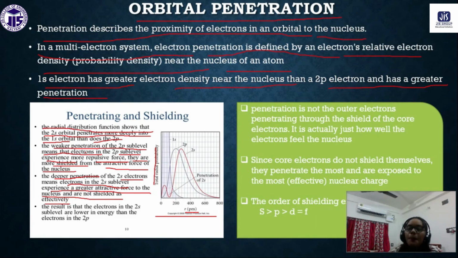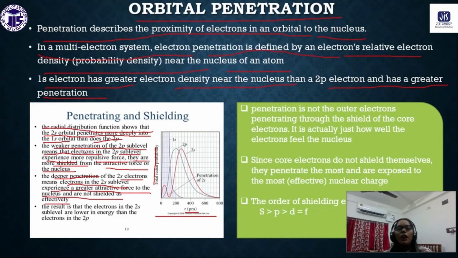That means the nucleus is not holding the electrons present in that orbital that strongly, so the shielding effect is high for that case.